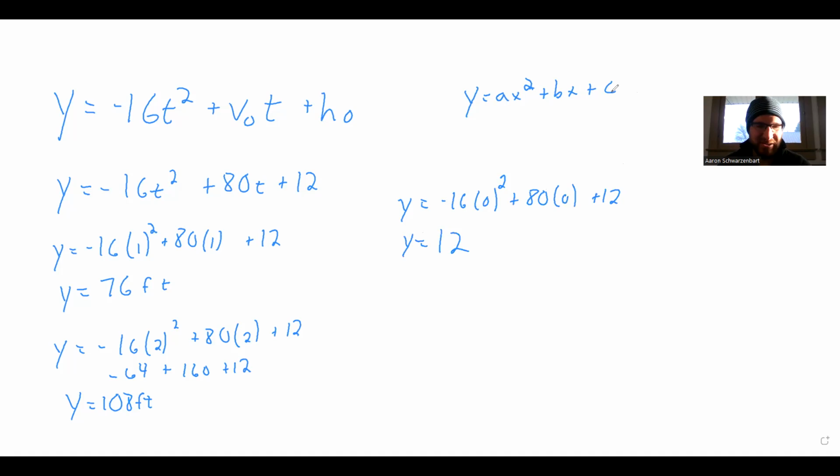A, b, and c represent different numbers, and they can vary depending on the quadratic model or quadratic equation. But they allow us to get our different forms. We're going to do some things like solving with these, and we'll do some factoring as they're coming up.